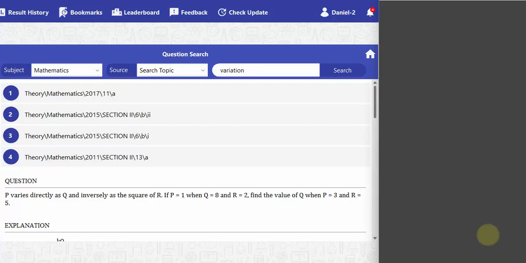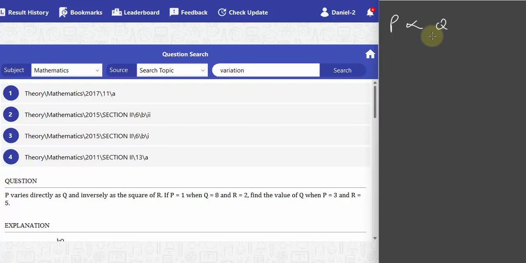So when you have this kind of situation where one variable is determined by two or more variables, you know it's a joint variation. Now let's look at how the relationship is. P varies directly as Q. And it means there's a joint variation here.